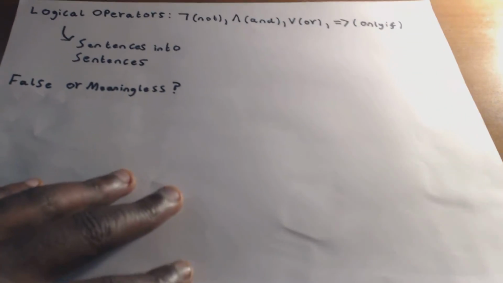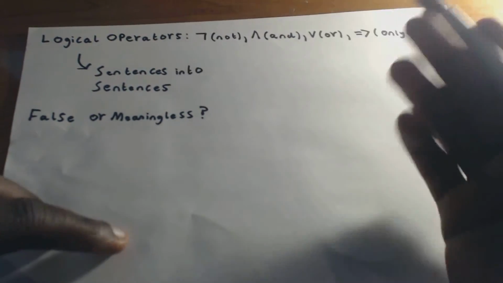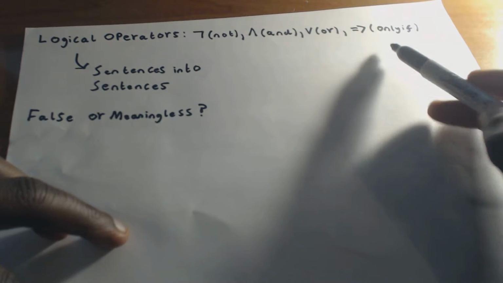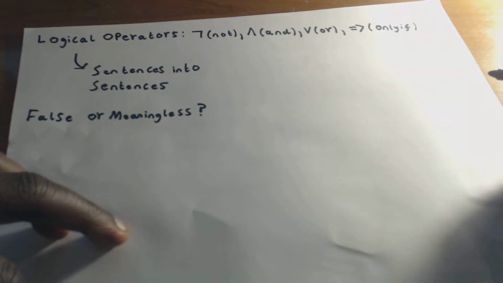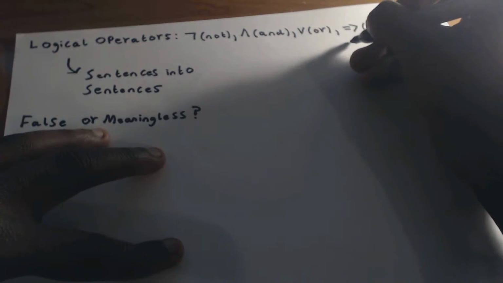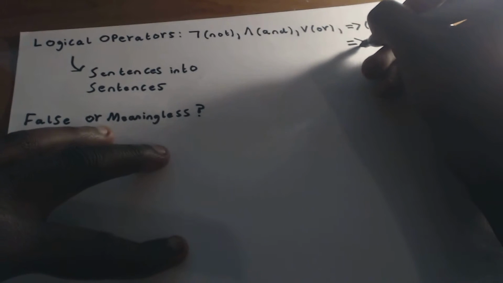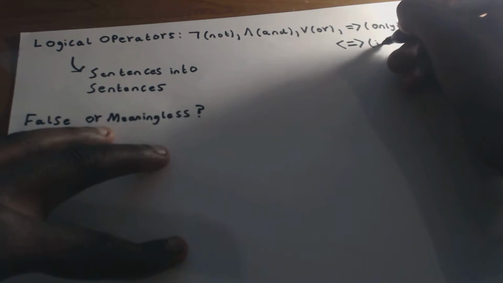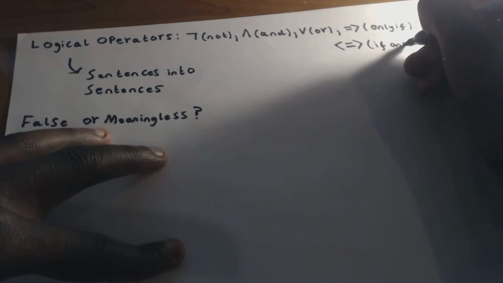Then we have logical operators: not, and, or, and implies, or only if. You also have if and only if, the two imply signs. I forgot to write that one down, so perhaps I should just write it. So this was if and only if.